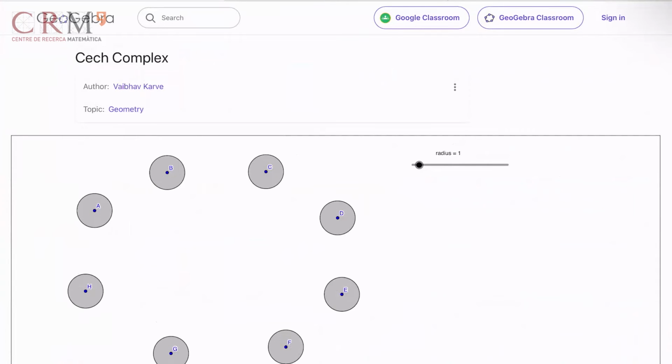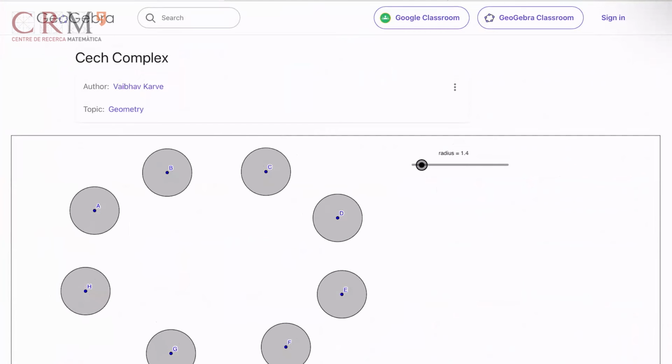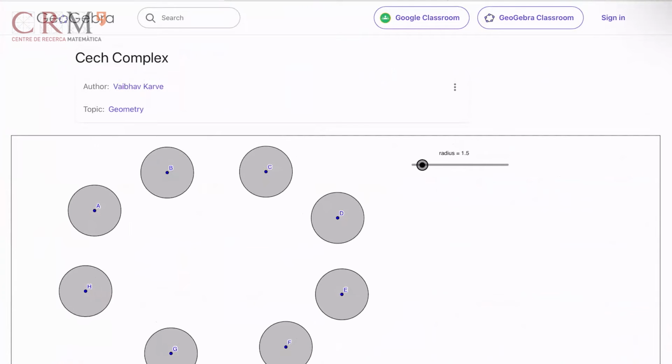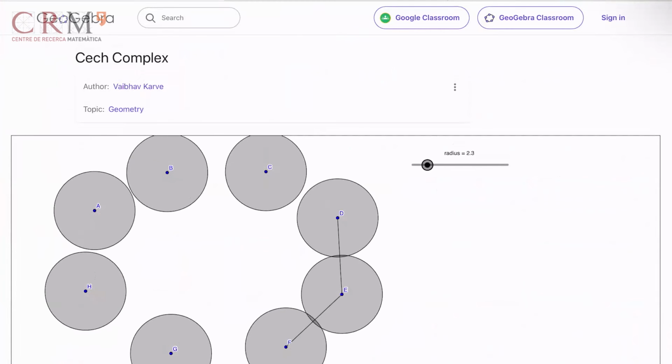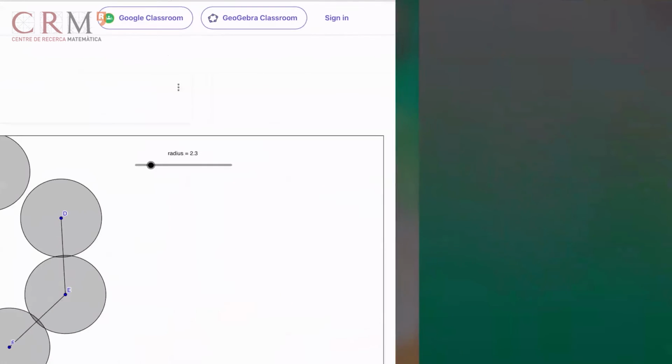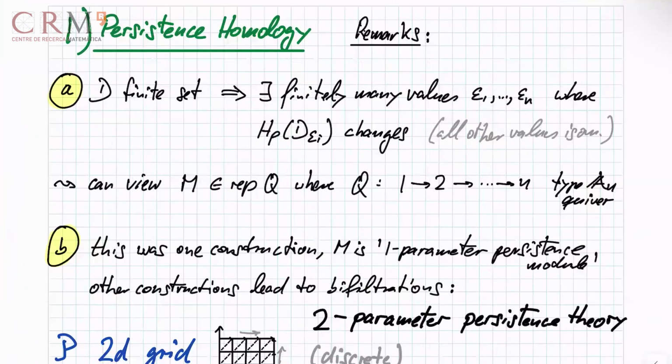For most of the time, nothing happens to the topology. There are just a few discrete time steps where something has happened, then something more has happened. So there is a finite number of epsilons where the topology changes. Therefore, it is justified to focus on those finitely many values where there is some change in the homology.